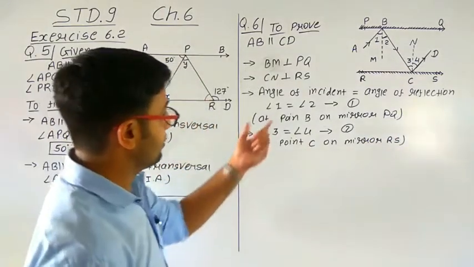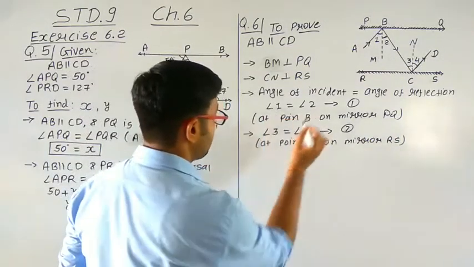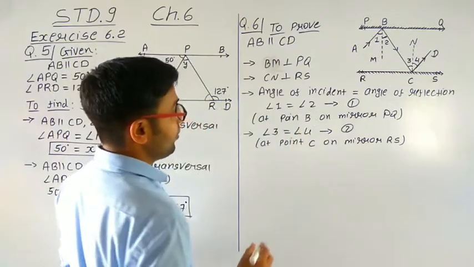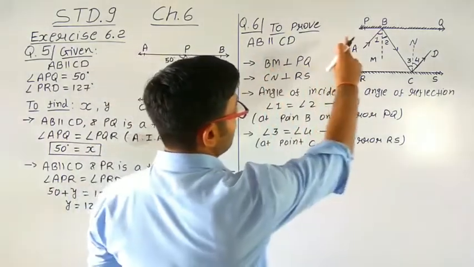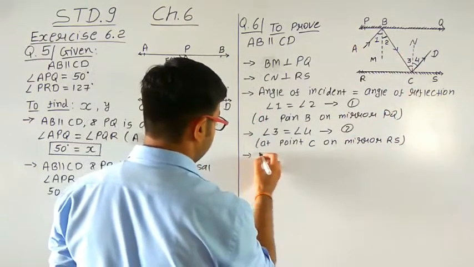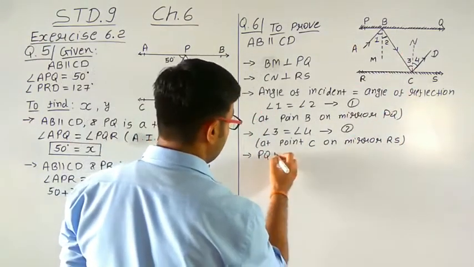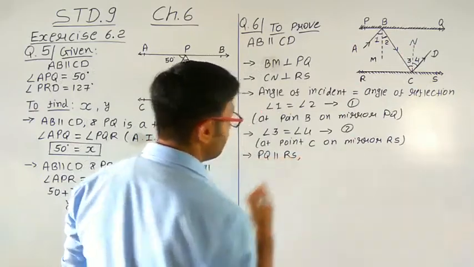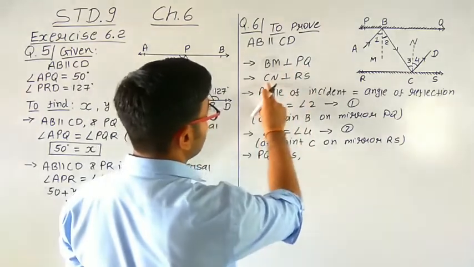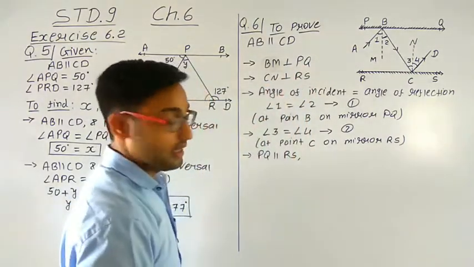See, now we have two equations in which angle 1 is equal to angle 2 and angle 3 is equal to angle 4. Now, as we know, both PQ and RS are parallel to each other. BM is perpendicular to PQ and CN is perpendicular to RS.